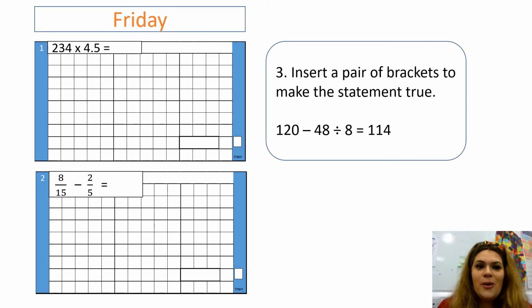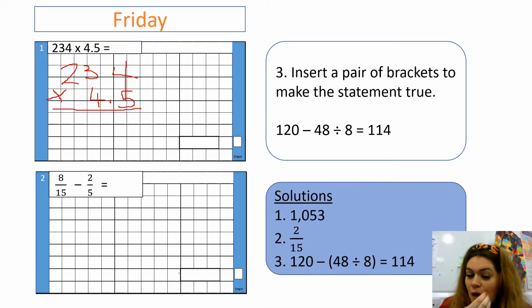Okay, so let's have a look at our first question. We have got 234 and we are multiplying it by 4.5. Okay, right, so we should have got the answer of 1053, so well done if you got that.